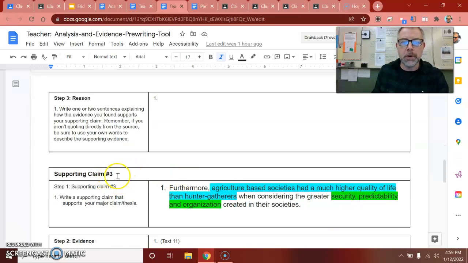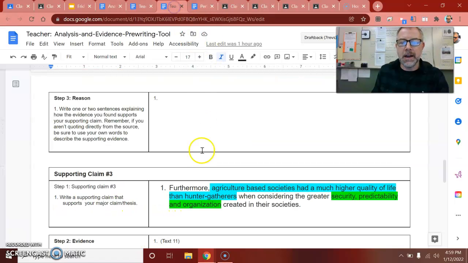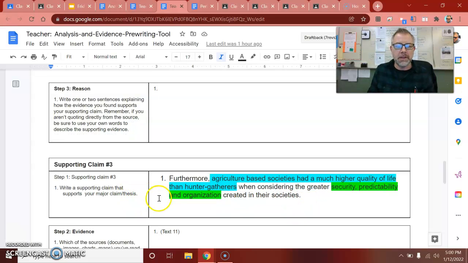And then for supporting claim 3, I looked at security and stability, and I could say something like, furthermore, a nice transition to my final supporting paragraph here. Agriculture-based societies had a much higher quality of life than hunter-gatherers. Again, that ties back to my major claim. When considering the greater security, predictability, and organization created in their societies. And this is my supporting claim 3.